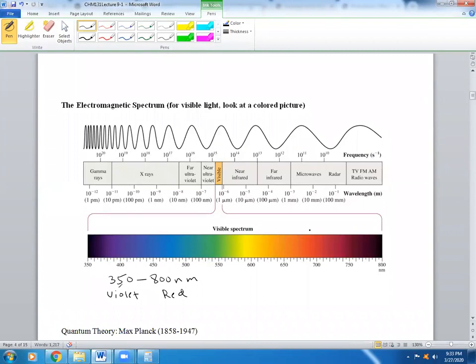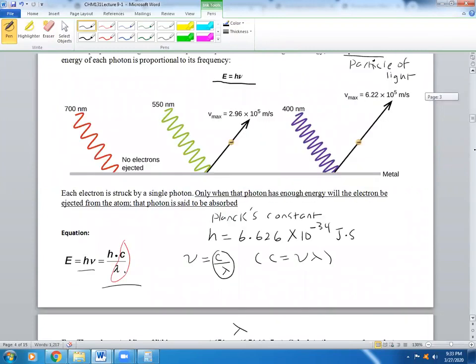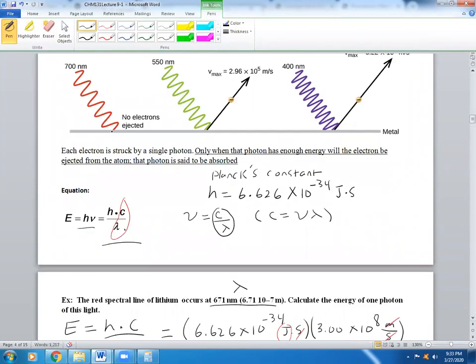Or maybe this is a better picture here. It looks red in this diagram, but it's not. It's just a wavelength of energy. And the same thing with the green and the bluish one, or the violet.